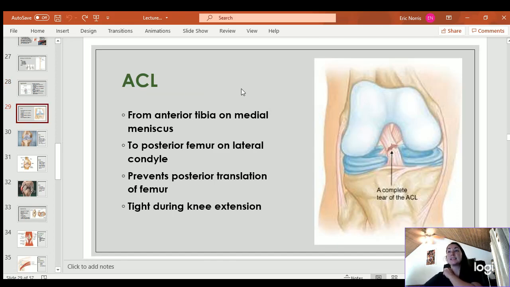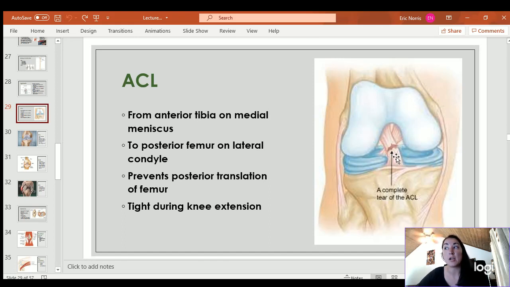So with the ACL, again, it goes from the anterior tibia and portions of the medial meniscus, then travels posteriorly to the posterior femur on the lateral condyle. So anterior tibia on the medial meniscus to the posterior femur on the lateral condyle.